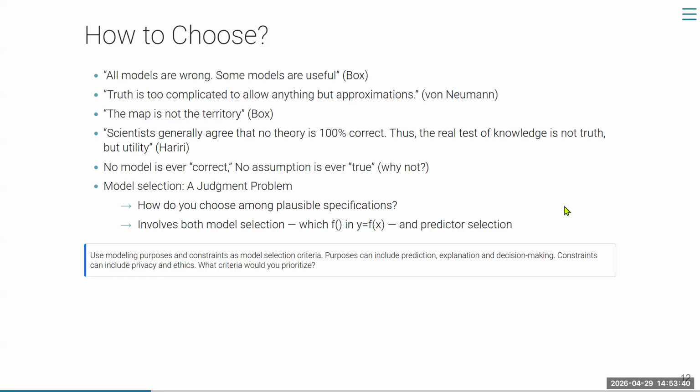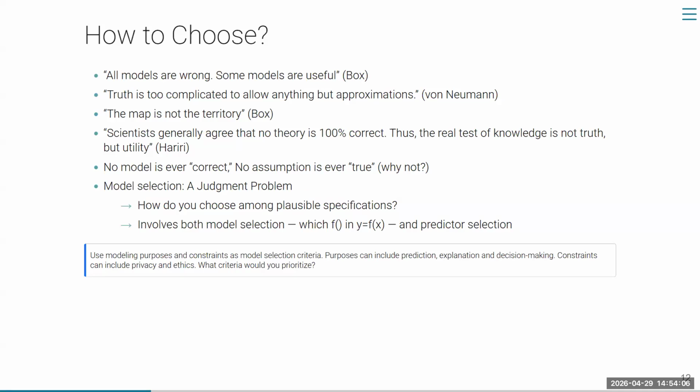And you can summarize the next 15 minutes quite succinctly by saying we should evaluate models using criteria motivated by the reasons that we're modeling. And in customer analytics, typically our purpose of modeling is we want to increase our profits and offer customer value.